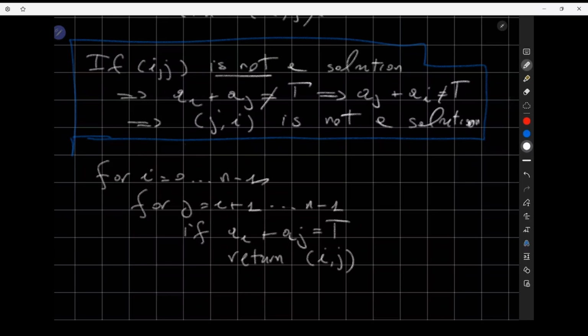And if in an iteration ij we don't have a solution, then if we swap the two indices, we still don't have a solution due to this proposition here. This is taken into account by the fact that we only iterate from i plus 1 onwards.